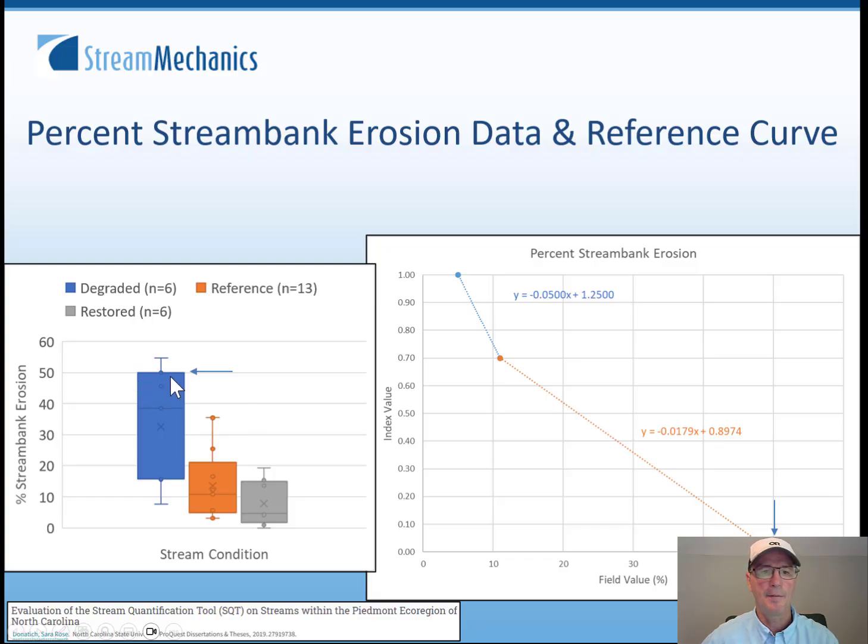So the 75th percentile, they basically said when we have more than 50% stream bank erosion, we're going to give that a 0 or no functional capacity for this particular metric, because so much sand, really sediment supply, is being delivered to that reach from bank erosion. And then they set the 0.7. They came over to the reference curve and set that at the median, and then the 25th percentile was the 1.0.